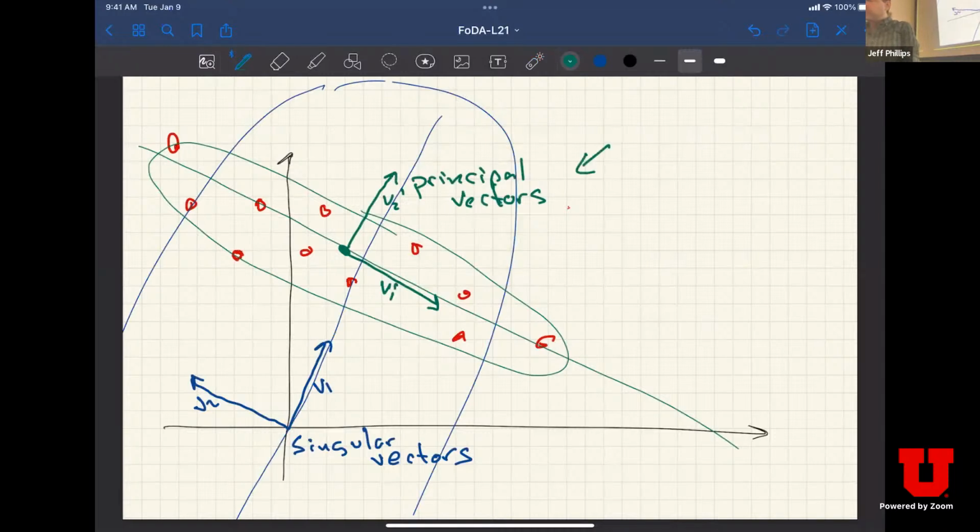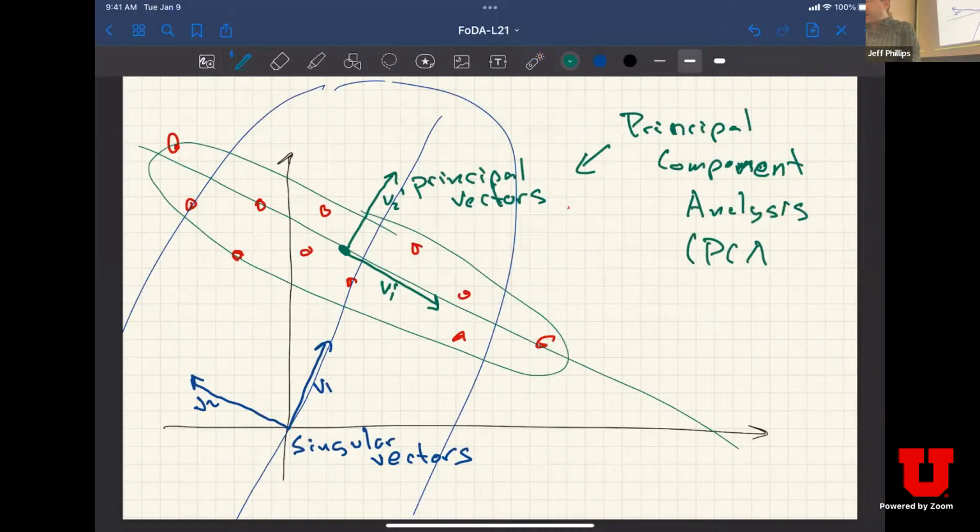The solution to this is called principal component analysis, or PCA, and it's going to use at its core this singular value decomposition, but I need to wrap it in a very simple step.